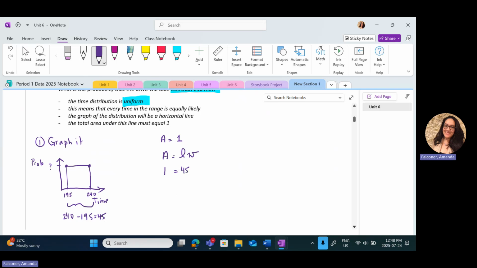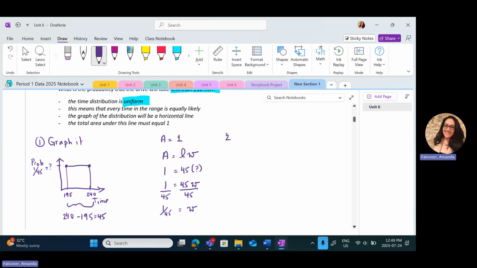The width, we don't know what it is. So it's like saying 45W equals 1. I'm going to divide both sides by 45, and I get that my width is the probability of 1 over 45. And that's what this question mark is equal to. So that's the entire probability distribution.